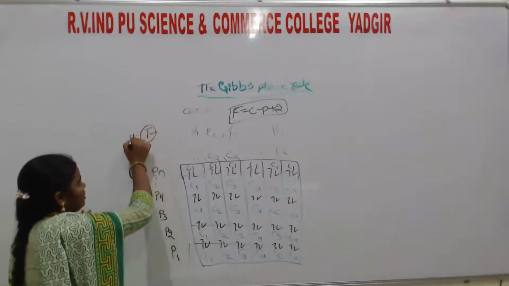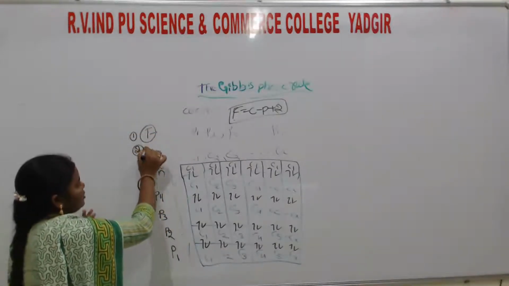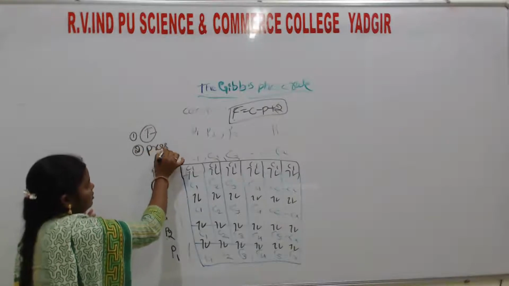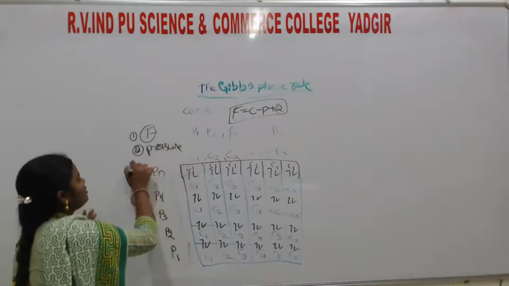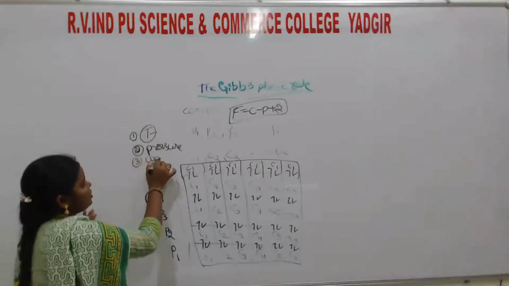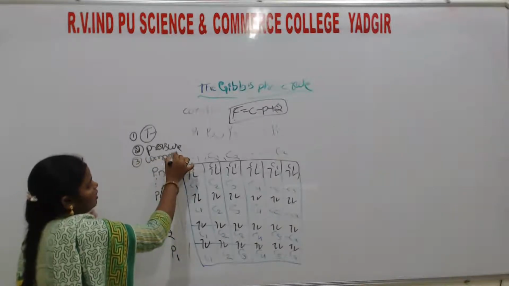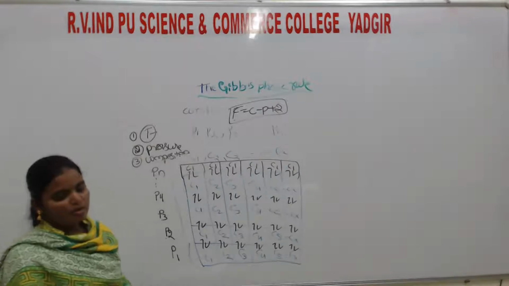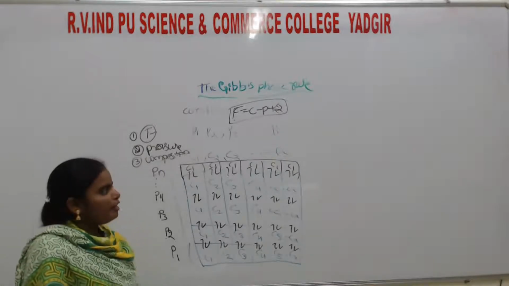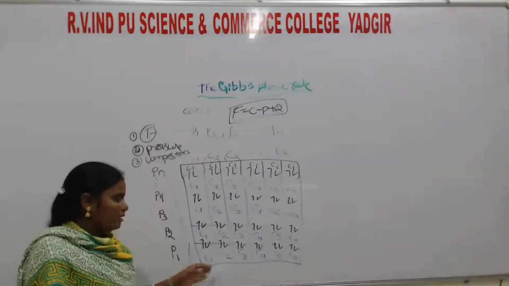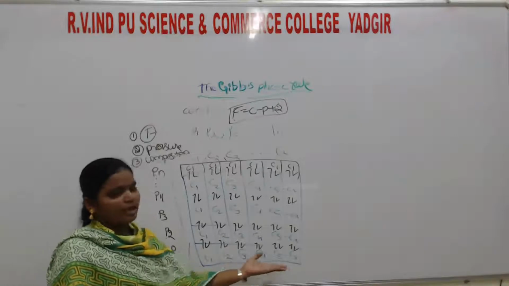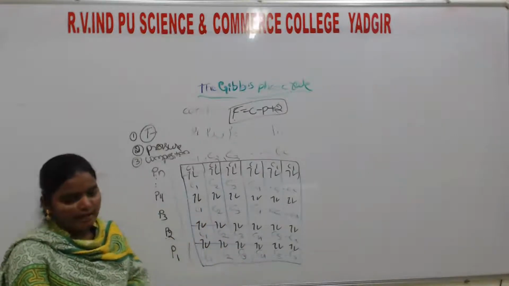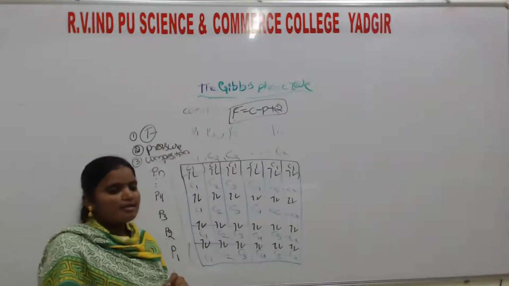First one is the temperature. Second one is the pressure. Third one is composition. Here you take A and B components. Suppose A and B are two components, and you consider A and B in a single phase.